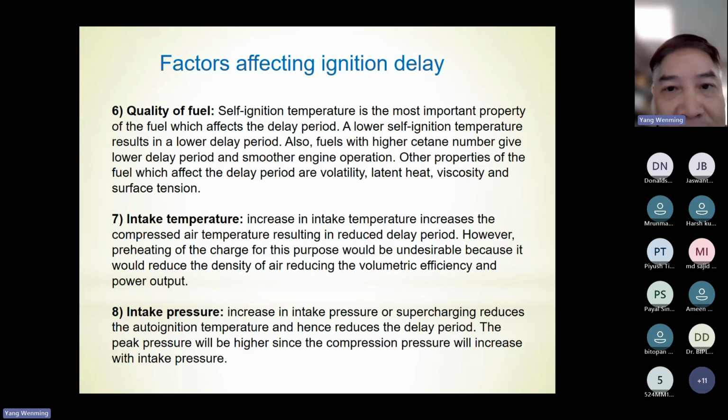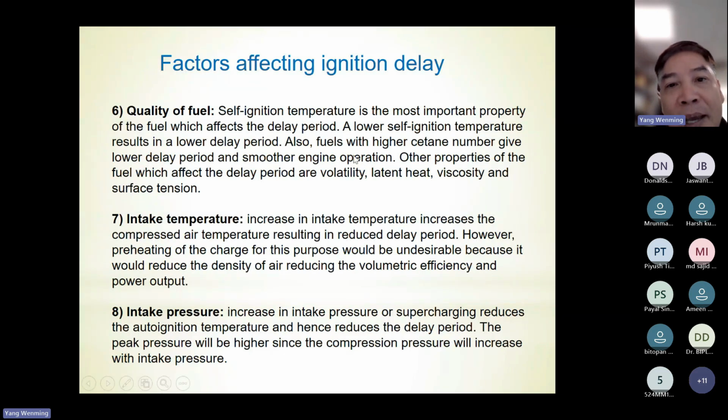So for different fuels the self-ignition temperature is different, correct? The lower the self-ignition temperature, the shorter the ignition delay time. So a lower self-ignition temperature results in a shorter ignition delay period.